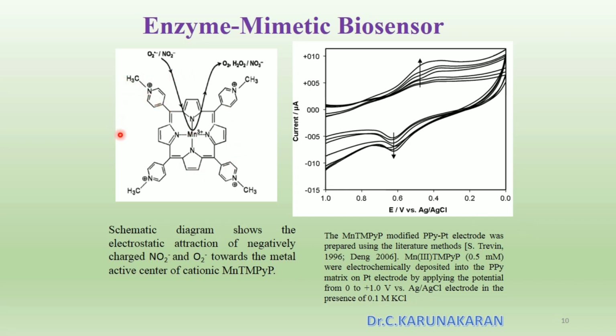These metalloporphyrins are present in the active site of many enzymes, cytochrome reductase, cytochrome peroxidase. There are several enzymes. Therefore, we have used manganese metalloporphyrin as an enzyme-mimetic biosensor for the determination of nitrite and nitrate.